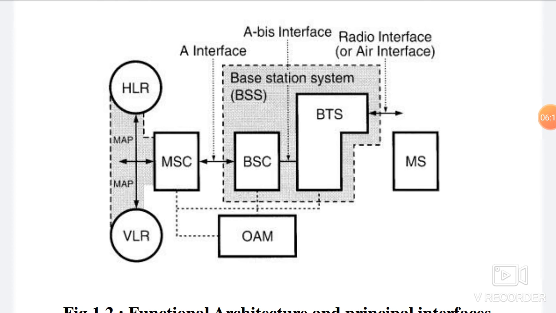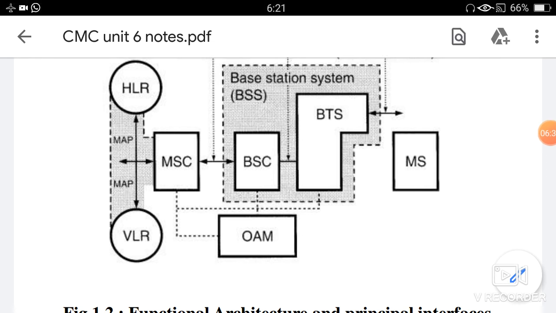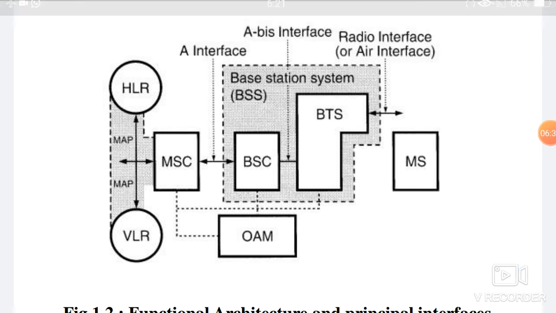A subdivision of the HLR is the authentication center, which you can see in the next diagram. The authentication center manages the security data for subscriber authentication. Another subdivision of the HLR is the equipment identity register, which stores the data of mobile equipment.